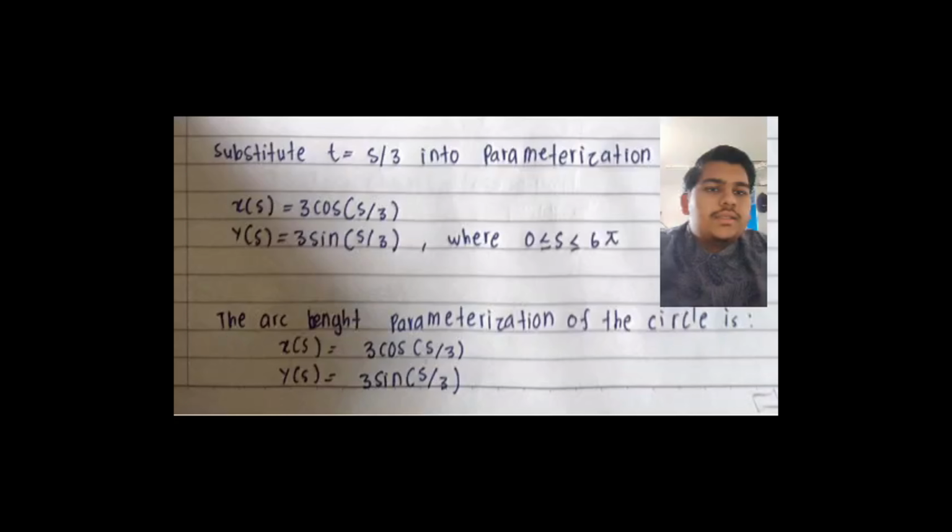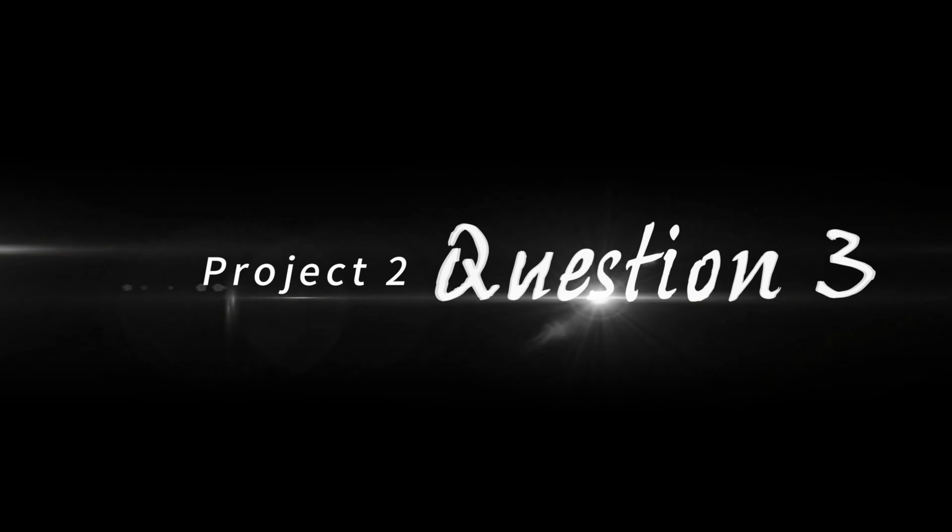So the final answer is the arc length parameterization of the circle: x(s) = 3 cos(s/3), y(s) = 3 sin(s/3).